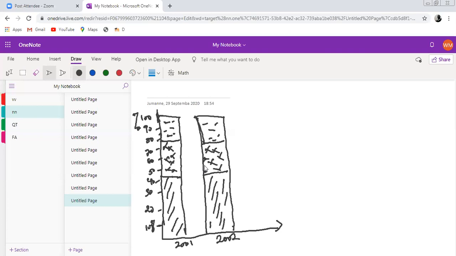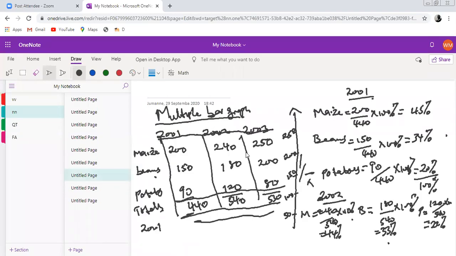That is how simple you prepare them. You do the same to the year 2003. You start by computing the percentages for each and every product. For maize, it is 250 of 530 times 100. This one is 200 over 530. This one is 80 over 530 times 100. You have those percentages.